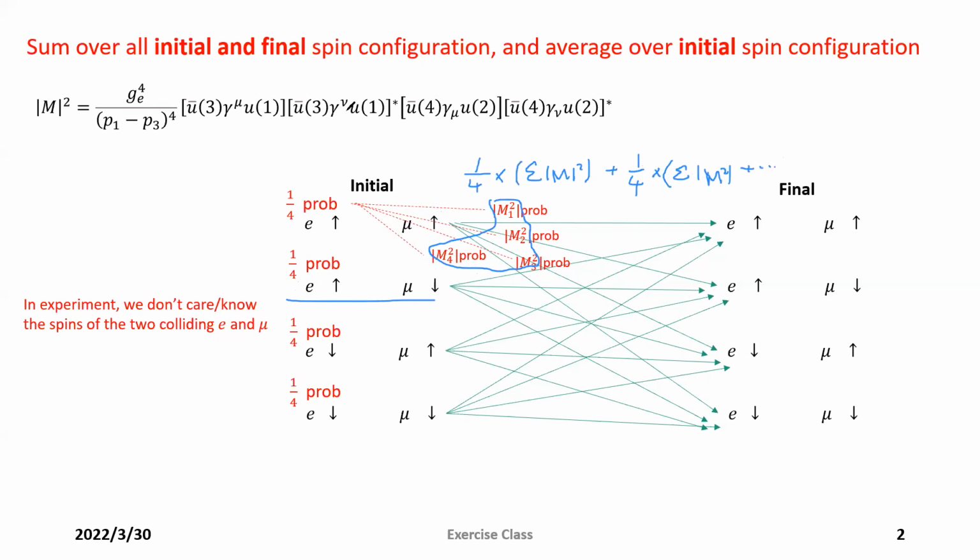So you can see that the total probability will be to sum over all these 16 amplitude squares and divide by the number of initial spin configurations. So that's why we have this rule.